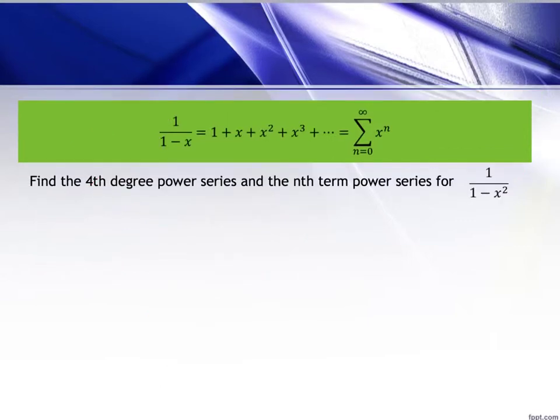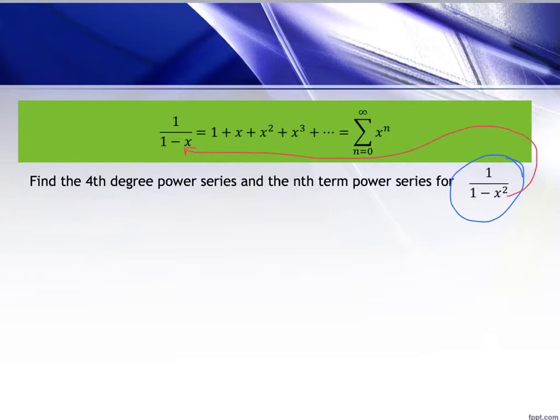So in our last example, we're going to take our power series for 1 over 1 minus x, and we're going to use it to come up with the power series for 1 over 1 minus x squared. And notice what I need to do is replace all my x's with an x squared, because that's the only difference in those two problems.